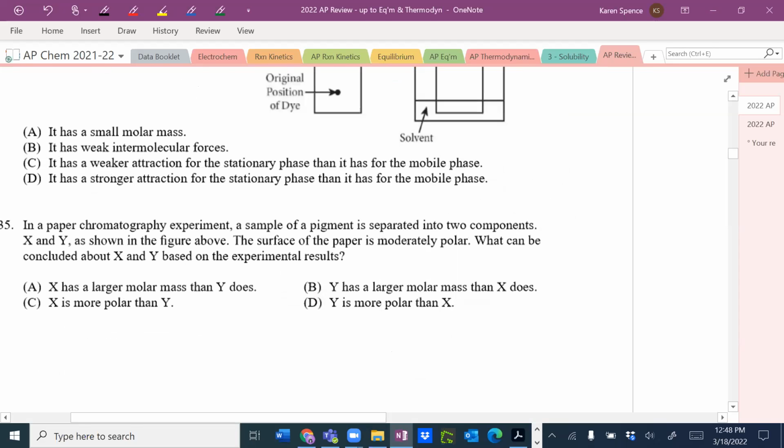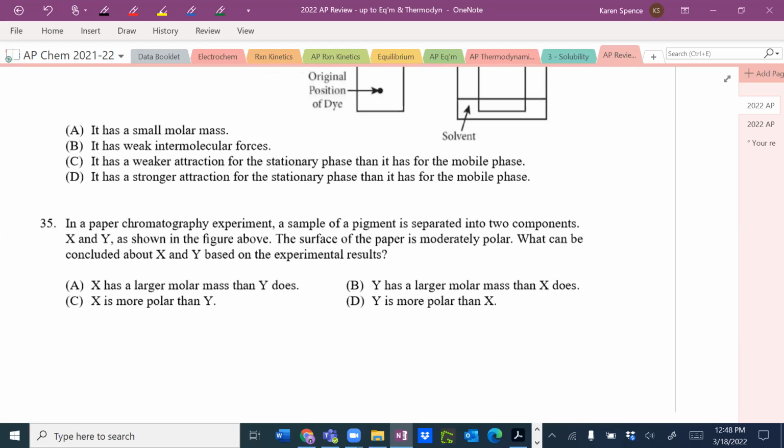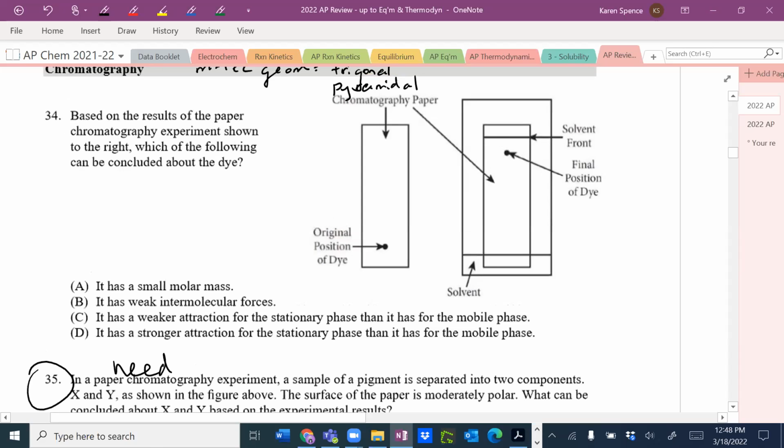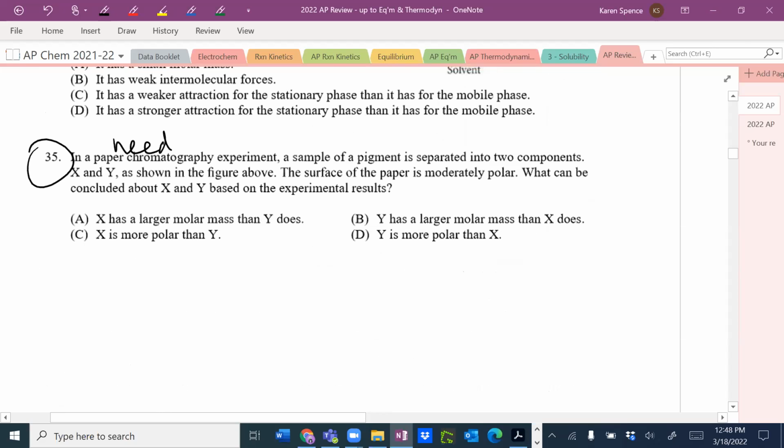So number 35 needs a figure. So I'll put a figure with number 35, because there's no X and Y. Okay. So number 35, I will have to redo.